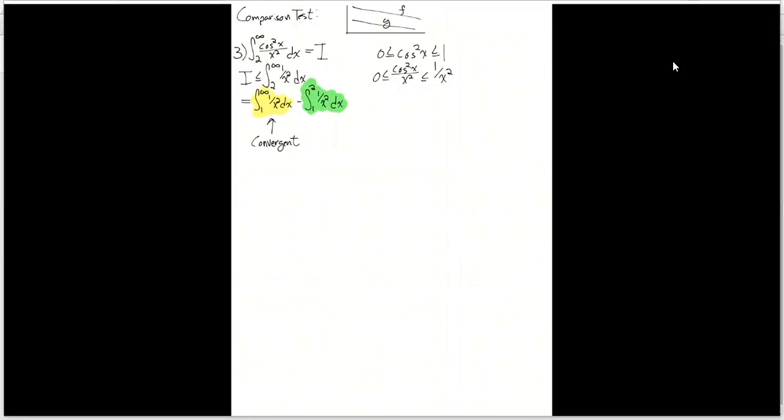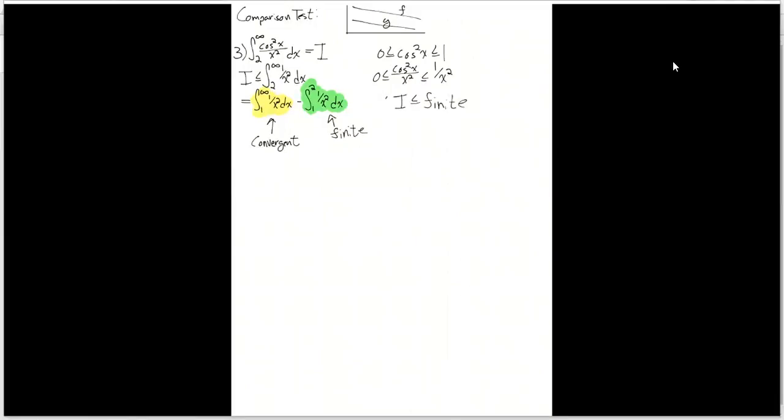So we know that this is actually finite, right? It's not an improper integral. It's just a normal integral, so it has to be a finite number. And the convergent one approaches a finite number. Actually, we know what that goes to. It goes to 1, right? So we have a finite number minus a finite number. So that means our I here is less than or equal to something that is finite.